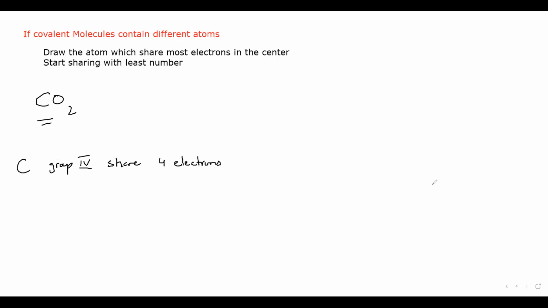Then oxygen belongs to group 6. So how many will it share as it belongs to group 6? It will share 2 electrons.